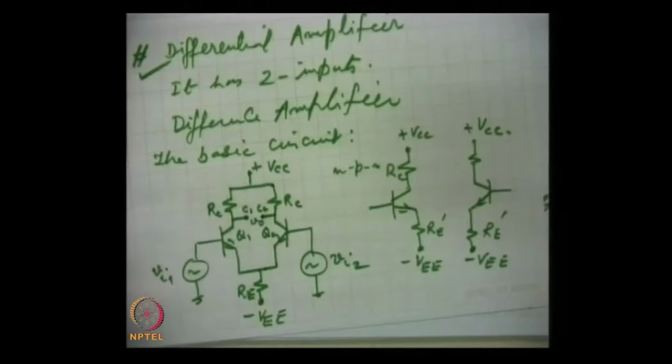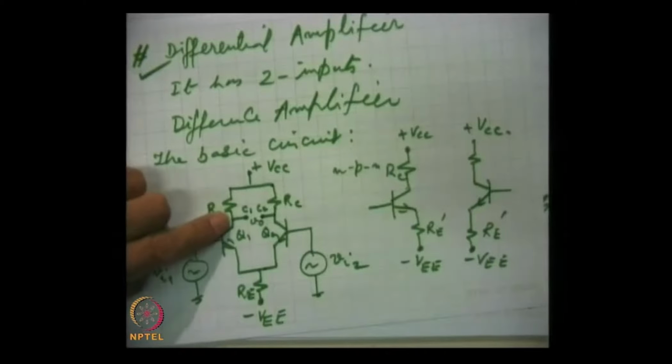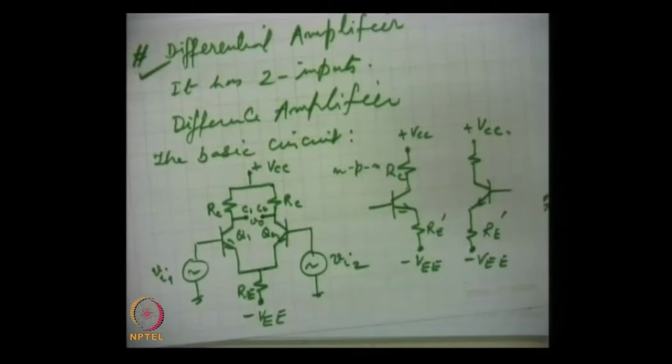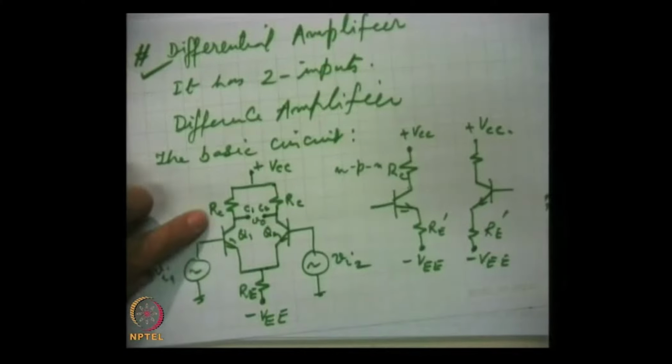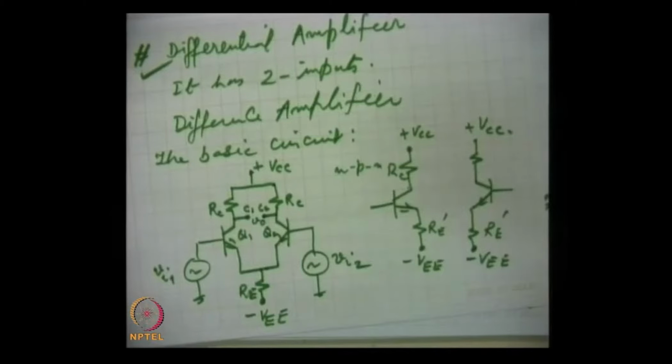DC analysis is done to ascertain ICQ, that means the collector current at the operating point, and VCEQ, what is the drop between the collector and the emitter. That is to be studied, and from there we can work out the design procedure, that is, how to choose the values of RC or RE, very simple. So, this comes under DC analysis.